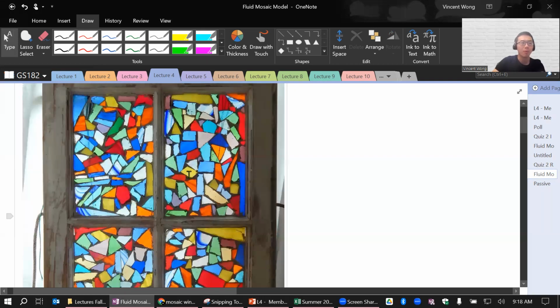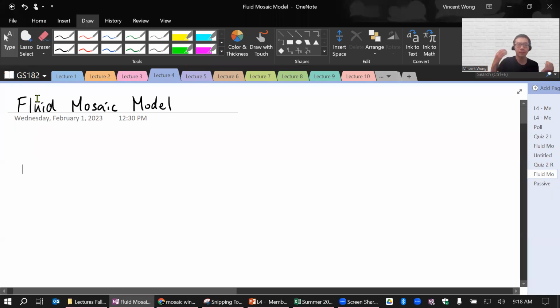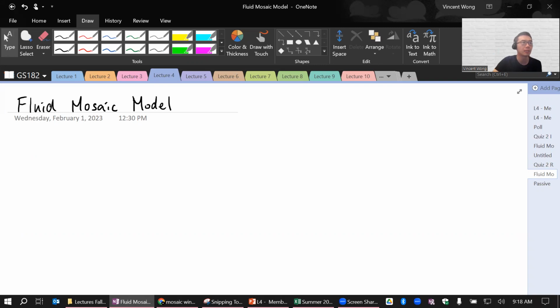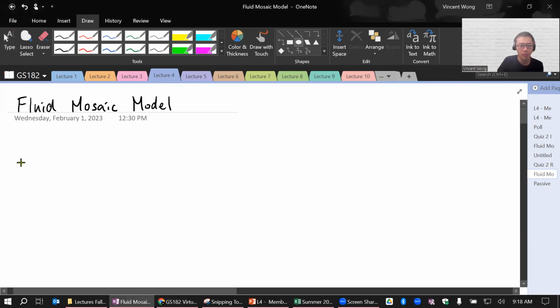So the cell membrane, first of all, is not a wall. If it's a wall, then nothing goes through. It's fluid, which means it's dynamic. Things move around. And it's mosaic because it has different components. We know it has phospholipids in it, and we learned that in lecture 2, but there are other things in it as well. So let's try to draw this out together.